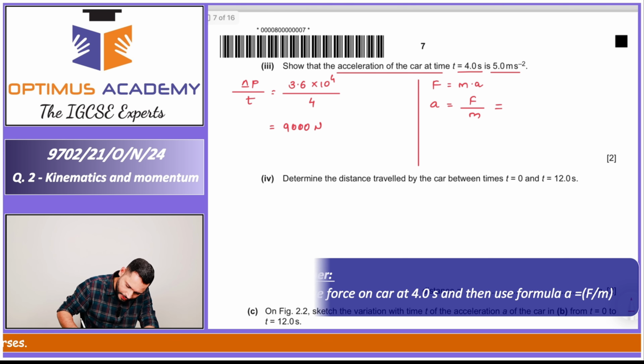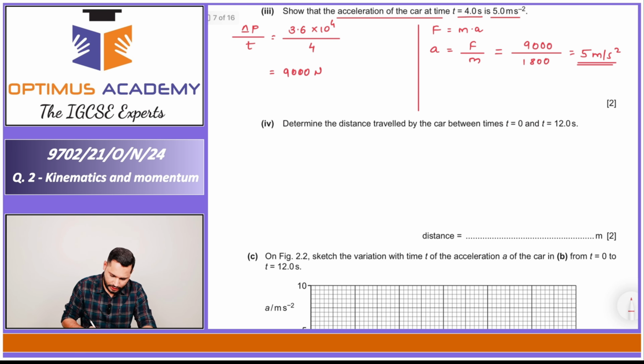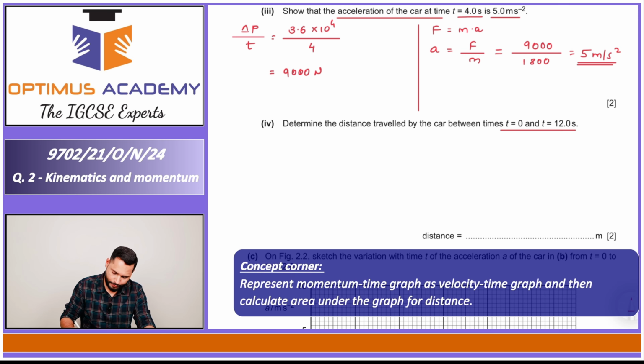Substituting that in the equation of acceleration, it will be 9,000 upon 1800. The answer will be 5 meter per second square. Hence proved.